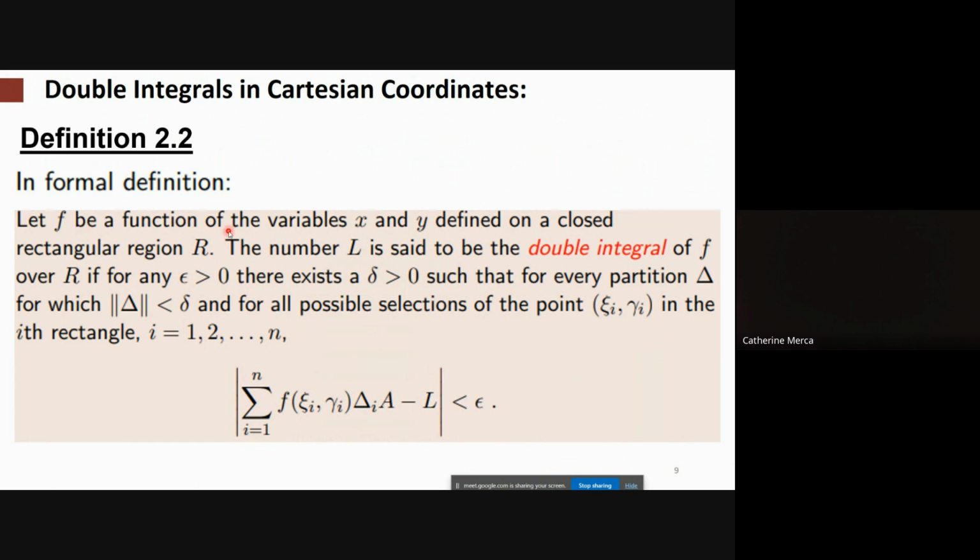You have a function of the variables x, y, defined in a closed rectangular region R, and the number L is said to be the double integral of f over R if for any epsilon greater than 0, there exists a delta greater than 0, such that for every partition delta for which the norm of the partition is less than delta, and for all possible selections of points in the ith rectangle, we come up with a value: the summation of f of psi sub i, gamma sub i, delta A sub i, minus L, which is supposed to be the limit, is less than epsilon, for i equal to 1 to n.